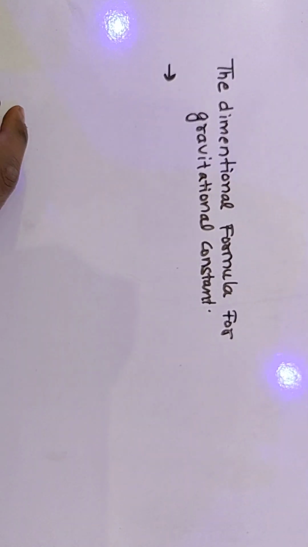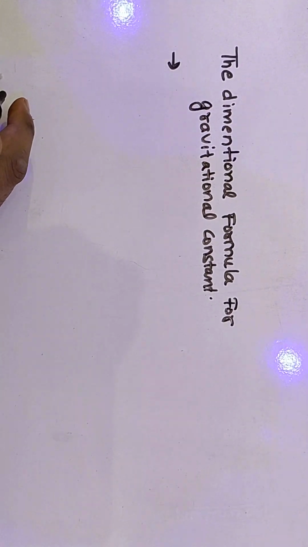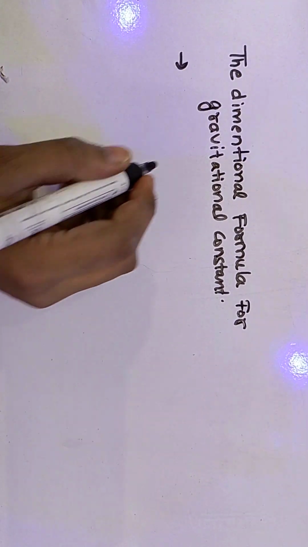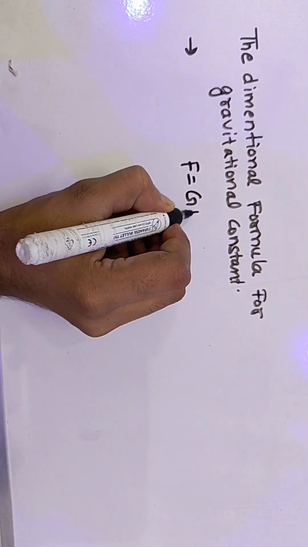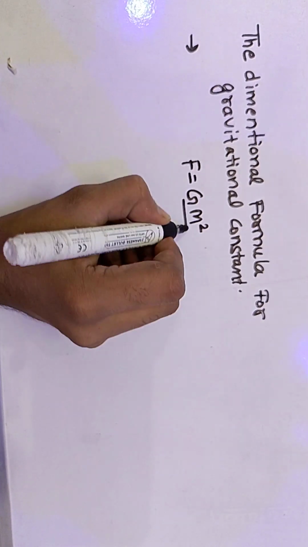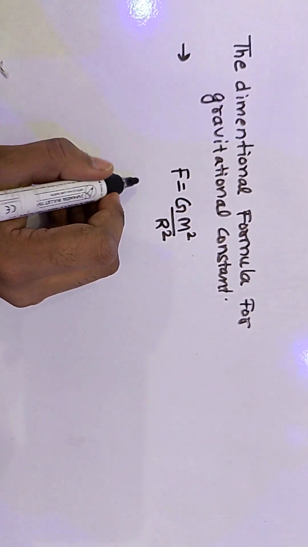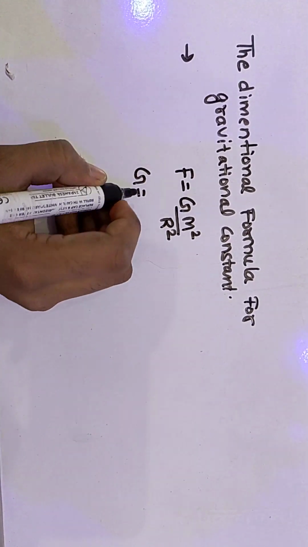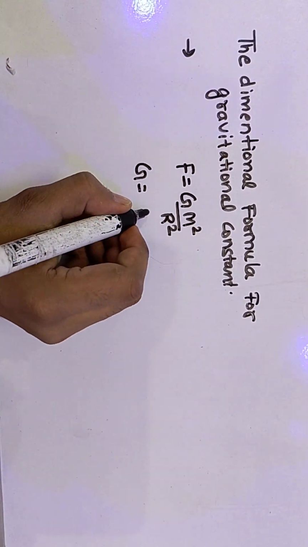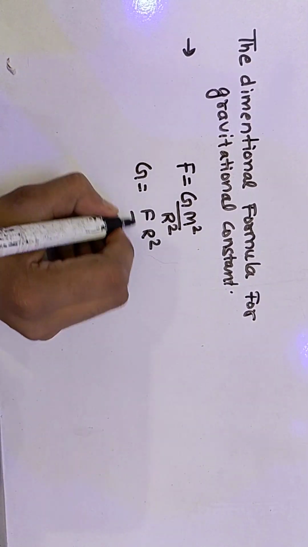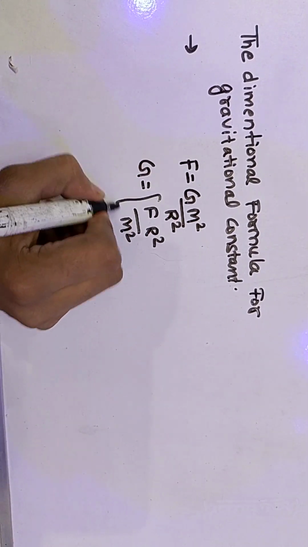Now there is a dimensional formula for the gravitational constant. We know that F is equal to G m square by r square. We have to find the dimensional formula for G, so G equals F r square by m square.